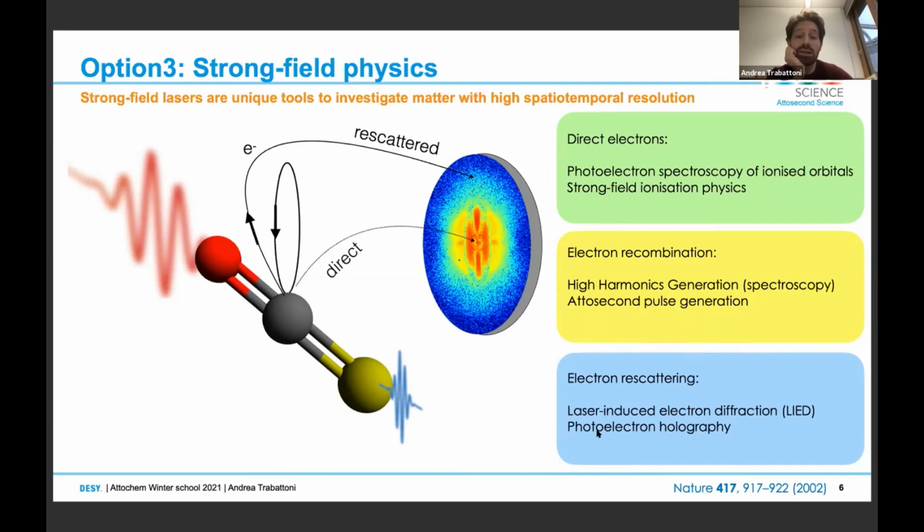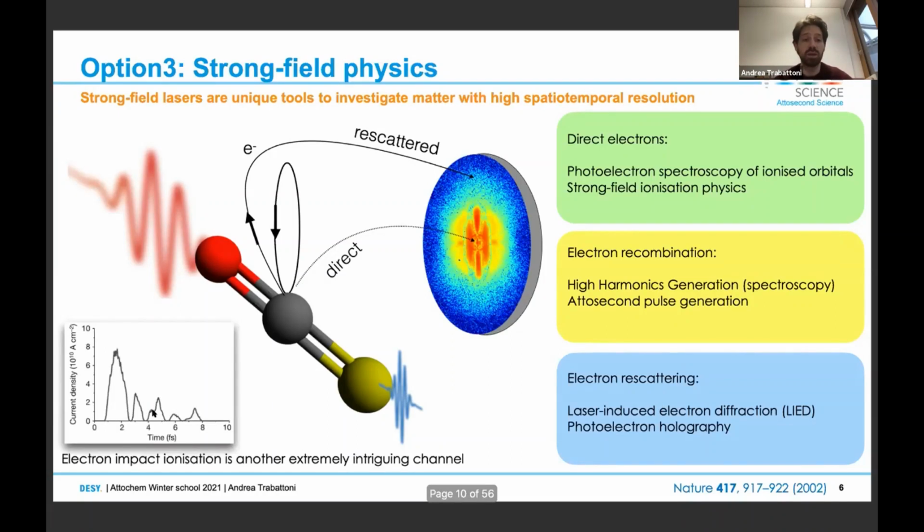And one of the advantages of this laser-induced electron diffraction with respect to the other methods I just mentioned is that the peak current that we have at the recollision instant is extremely high. In this paper by Paul Corkum and his group, they estimated the current density of the returning electron to be almost 10^11 amps per square centimeter.